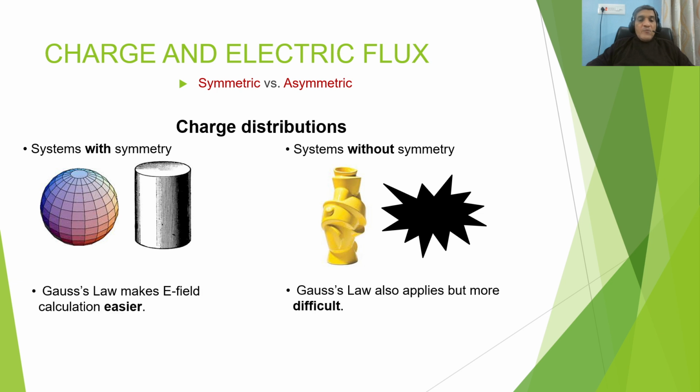Again in this PPT, you see different types of charge surfaces. On the left hand side we have some symmetric systems, and on the right hand side we have some non-symmetric systems. Symmetric systems are those about which we know everything, like the formula of the area and the formula of the volume.